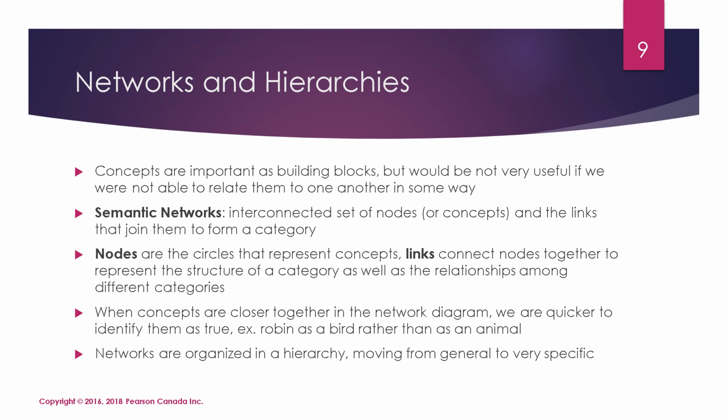We're more likely to say very quickly that a robin is a bird rather than a robin is an animal, because within that semantic network, we'd see a closer relationship between robin and bird than between robin and animal, based on the hierarchical structure. The networks are organized in a hierarchy, which moves from very general to very specific. I'll show you an example of what we're talking about.